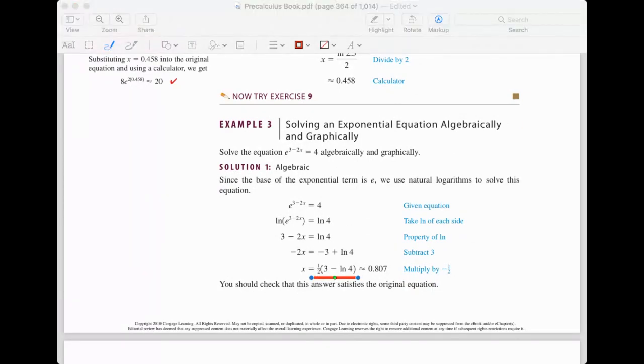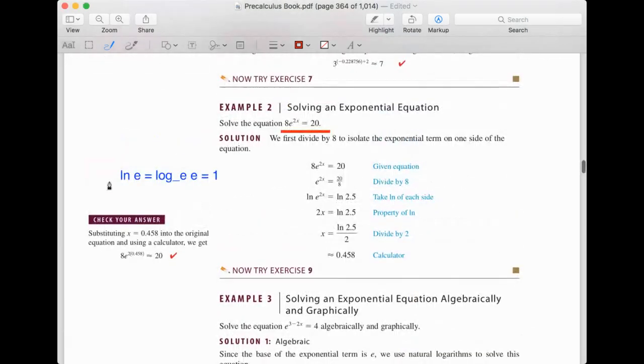Professor, I have a question. Did ln eliminate the e? Yes, that's what I wrote here. What's ln e? ln e means log base e of e, and that equals 1. Make sense?